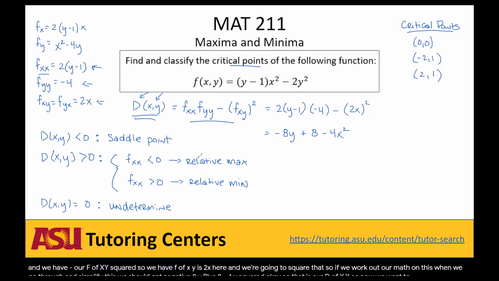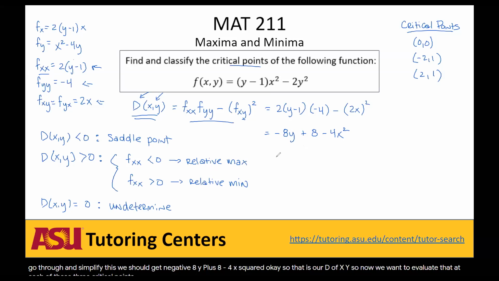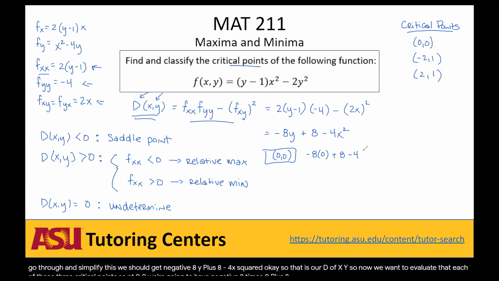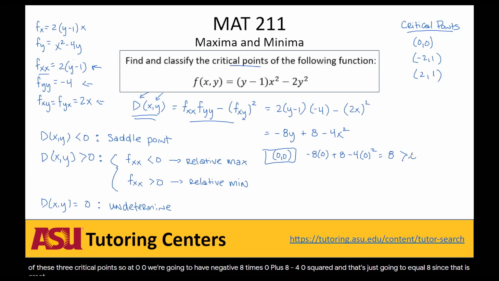Okay, so that is our D of x, y. So now we want to evaluate that at each of these 3 critical points. So at 0, 0, we're going to have negative 8 times 0 plus 8 minus 4 times 0 squared. And that's just going to equal 8. Since that is greater than 0, we need to look at whether our f of xx at this point is greater than, less than, or equal to 0.